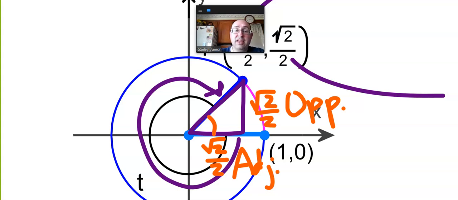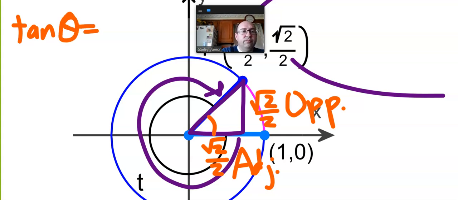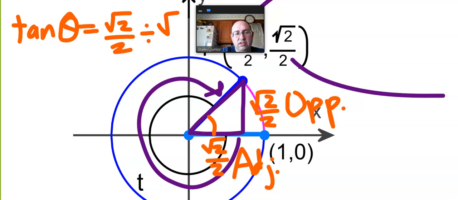So the tangent of that angle, whatever that angle is, I know it's 45 degrees, or pi over 4. But we take the y value and we divide by the x value.